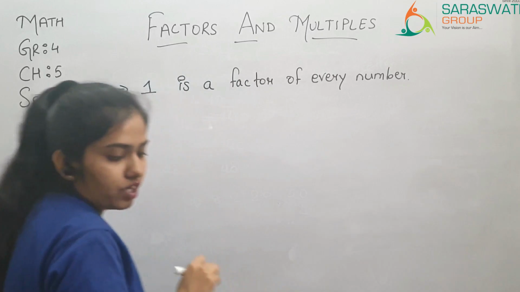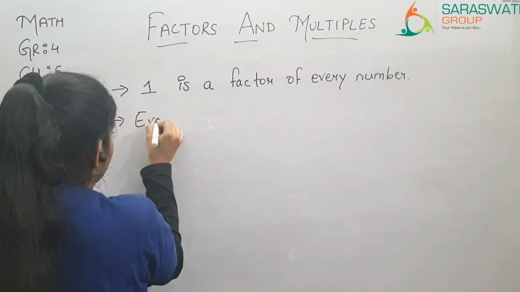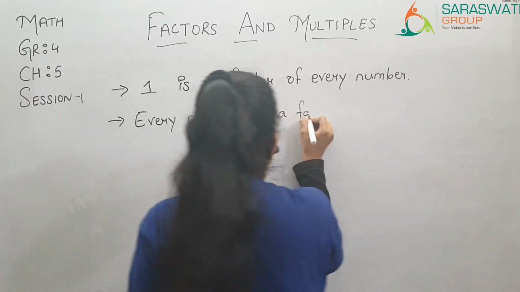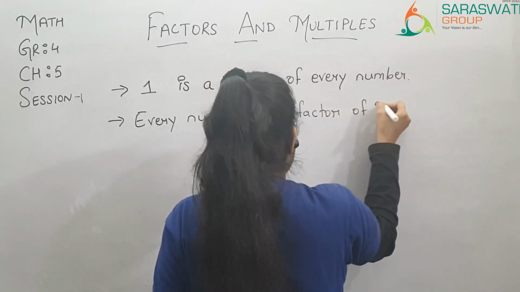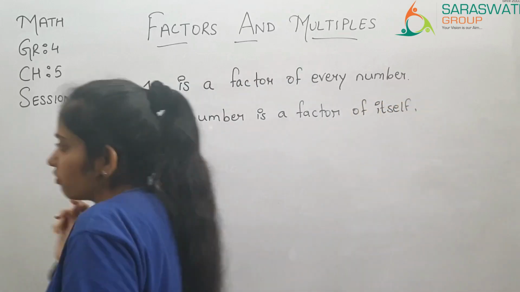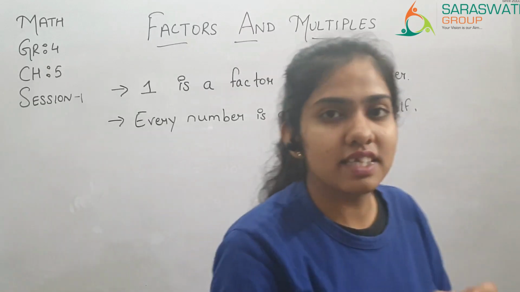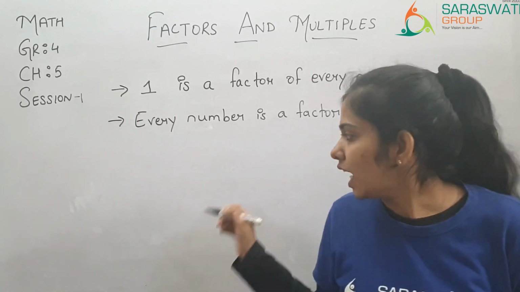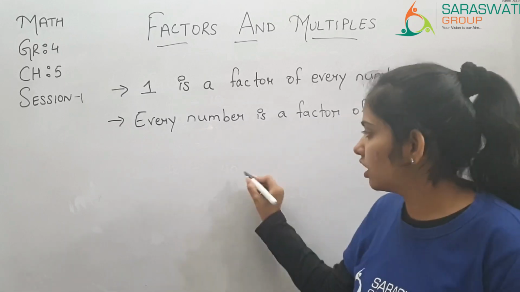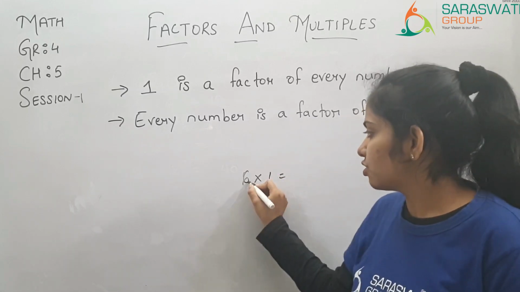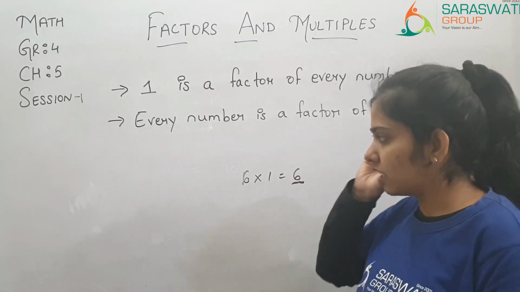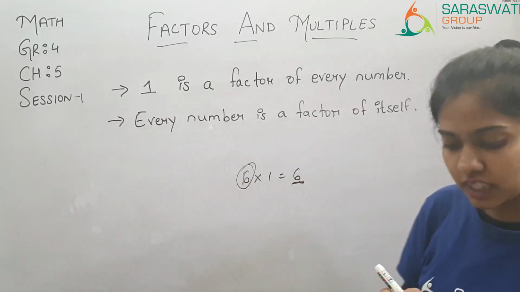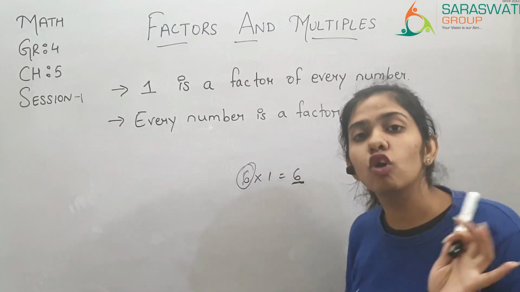Then afterward, every number is a factor of itself. એટલે જે પણ નંબરનો તમારે ફેક્ટર ફાઇન્ડ કરવો છે, for example મેં તમને 12 કીધું, રાઈટ? તો 12 એ પોતાનો ફેક્ટર તો હોય જ, રાઈટ? જેનું આપણે ફેક્ટર્સ ફાઇન્ડ કરીએ છીએ, સેમ નંબર એ પોતાનો ફેક્ટર તો હોય જ.